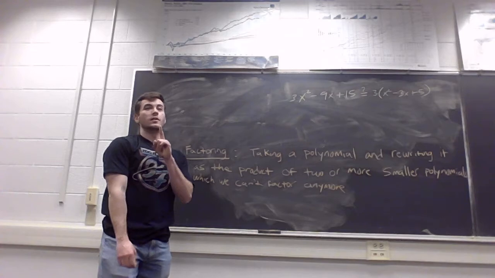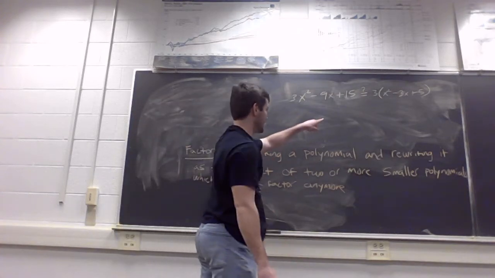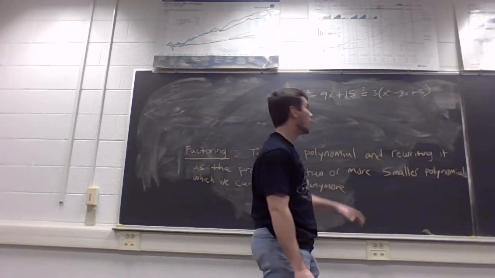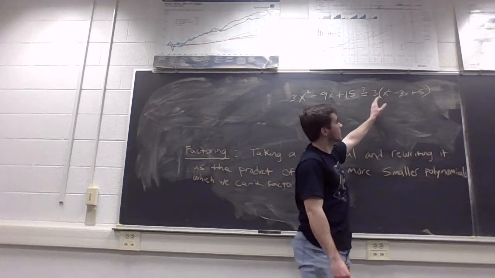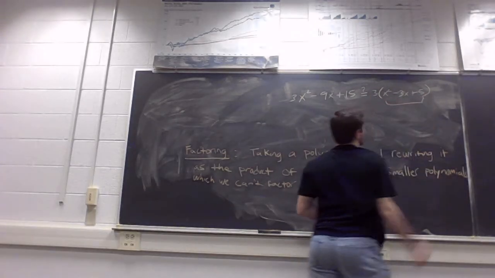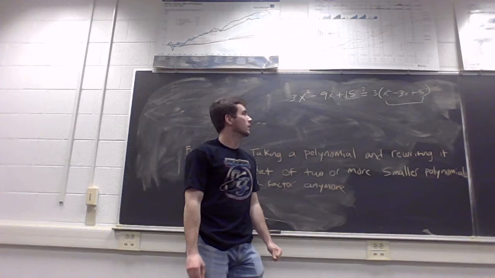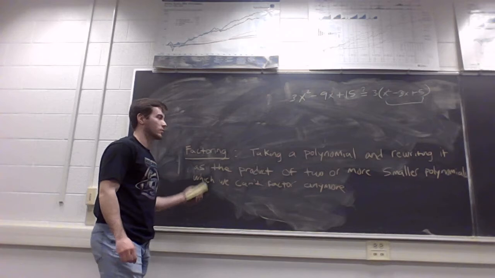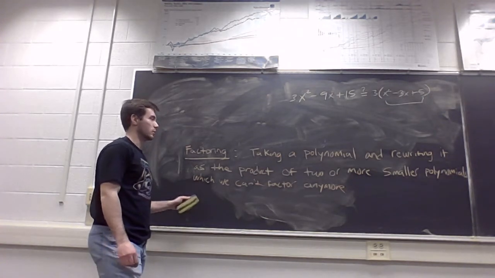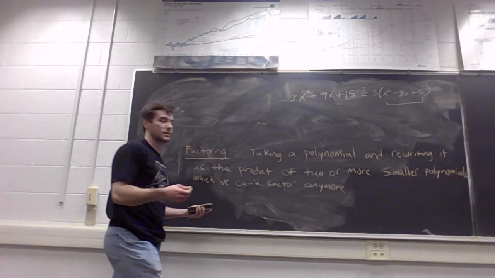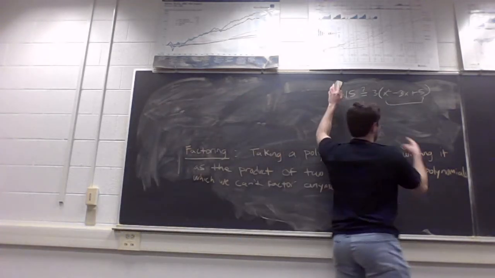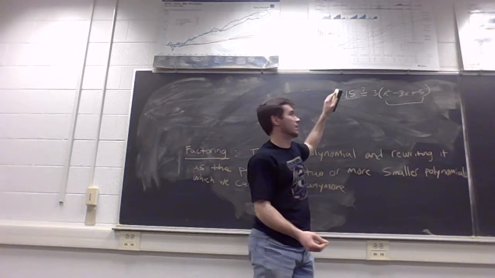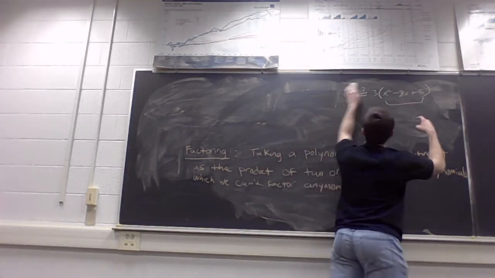No, because we did not factor this correctly or completely. The only thing we did was take a 3 out. We still have this mess right here. We didn't finish this problem. So no, this is not an example. Like we said in our definition, we have to fully factor our polynomial in order to technically be factoring it correctly. We can't split it into smaller polynomials again, but we can.